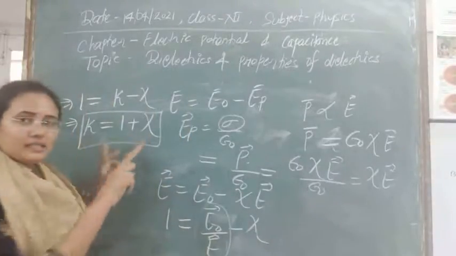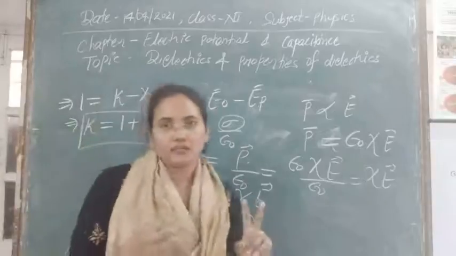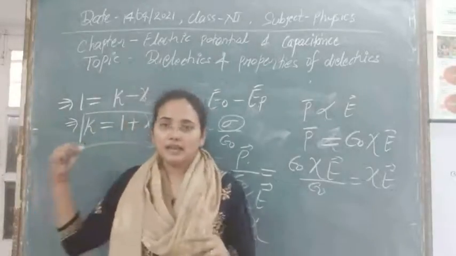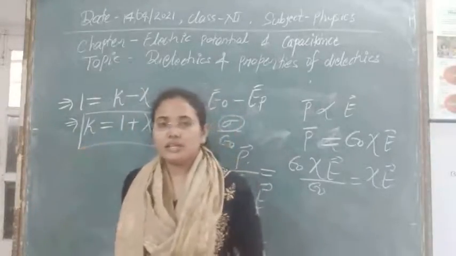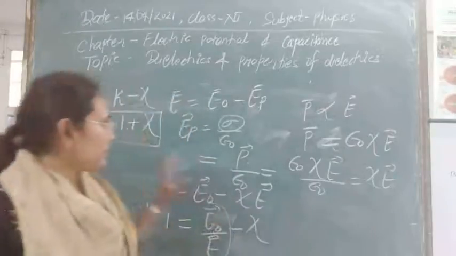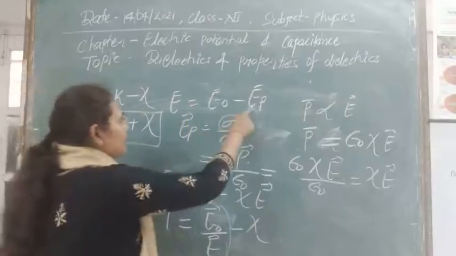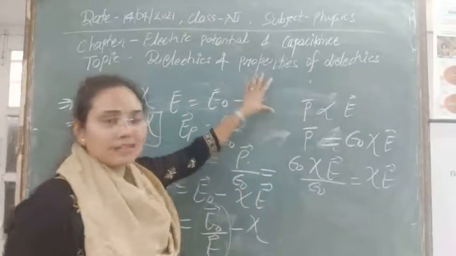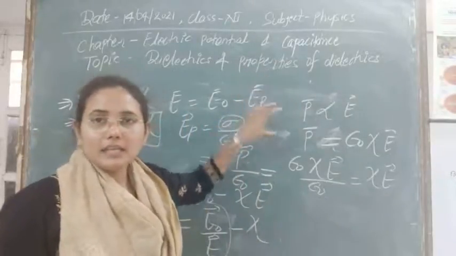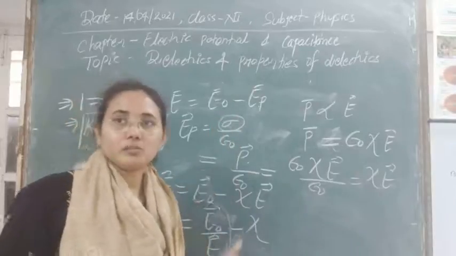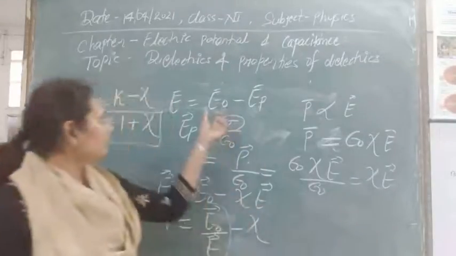These two quantities represent the same thing, so obviously they are related to each other by this formula, and we can derive it by this method. Let's summarize it again. First of all, in any dielectric, EP is the polarization field that is produced by the application of any external field E0.